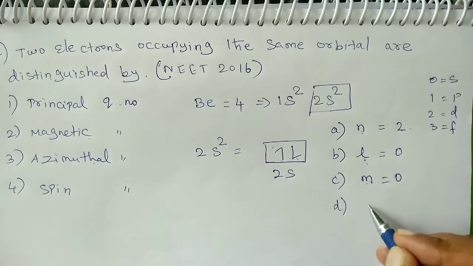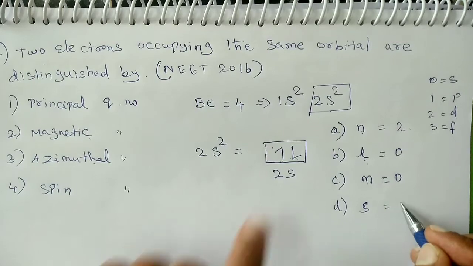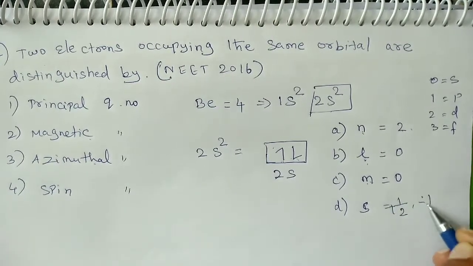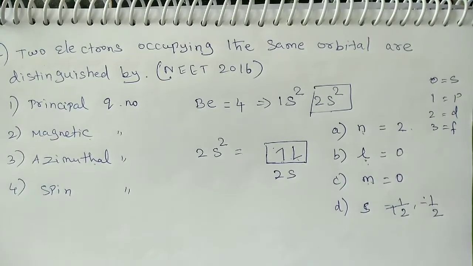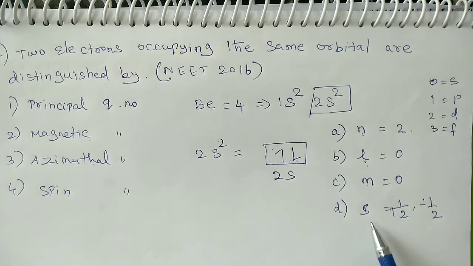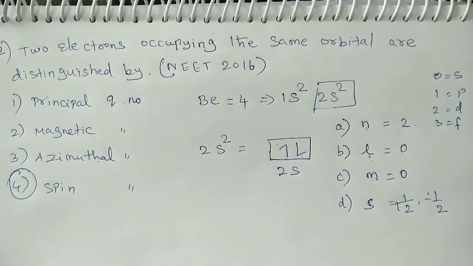By the last quantum number, the spin quantum number, s. For one electron the value is plus half, and for the other electron it is minus half. So the first three quantum numbers may be the same for the two electrons in the same orbital, but definitely there must be a change in the value of the spin quantum number. So the correct answer is the spin quantum number.